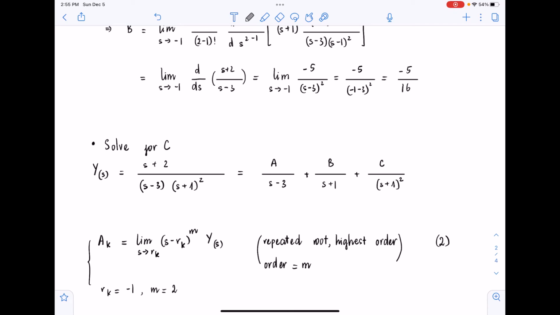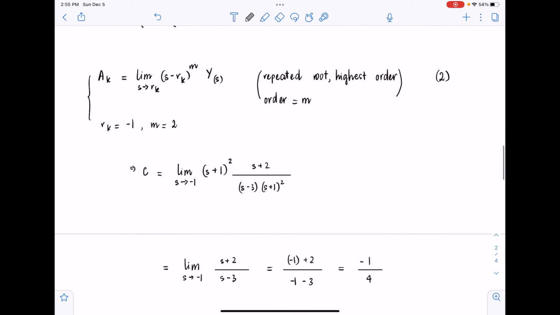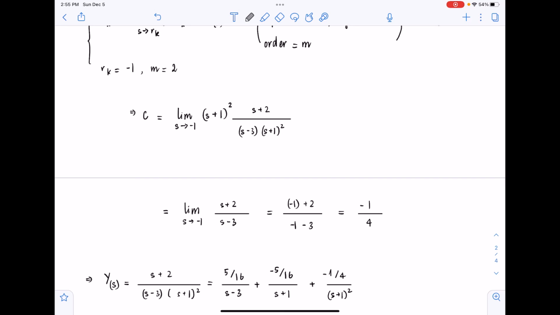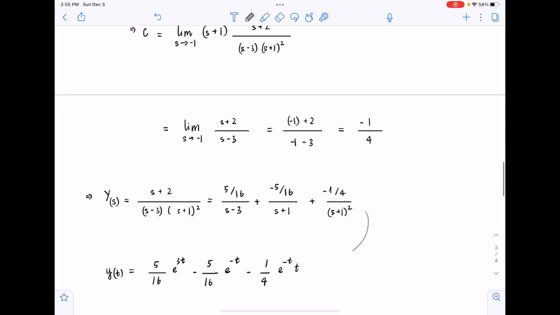Plug in the parameters, you will get C equal to minus 1 over 4. Now you know A, B, and C. You can describe Y(s) as 3 separate terms, which can be easily taken inverse Laplace transform to get y.